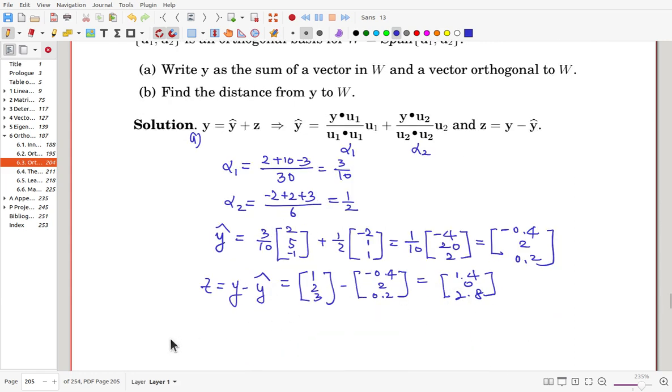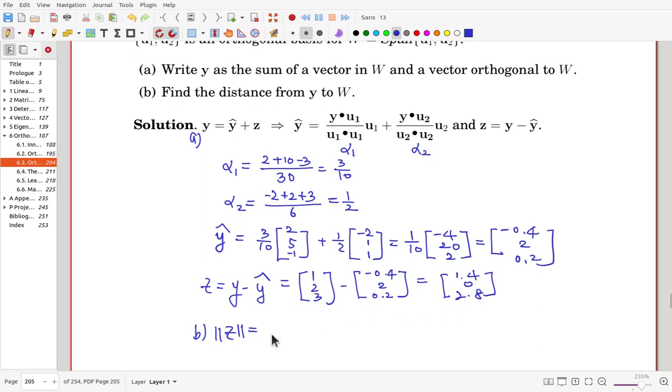Okay, now that's part A, and we have to find the distance from y to w. That is exactly the z. So we have to measure the norm of z.